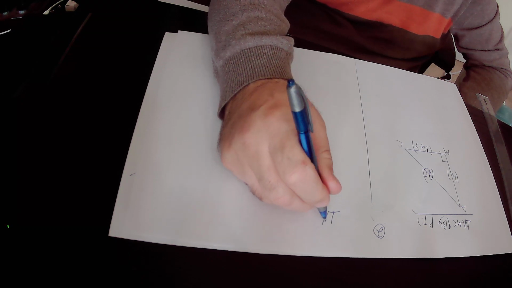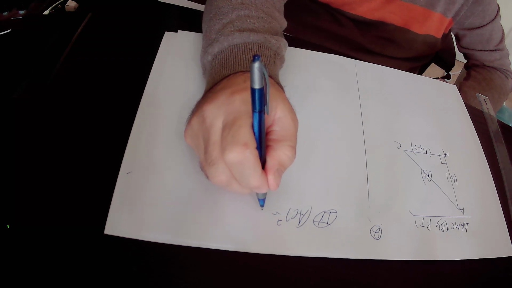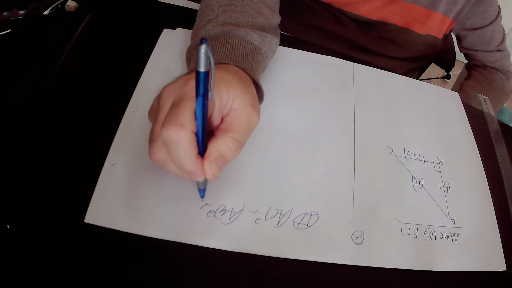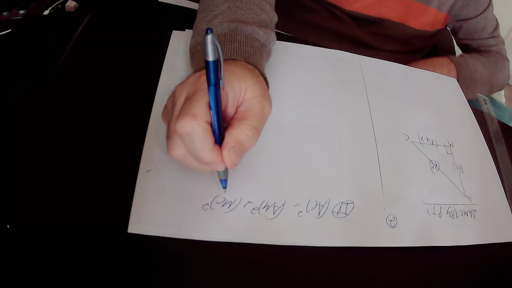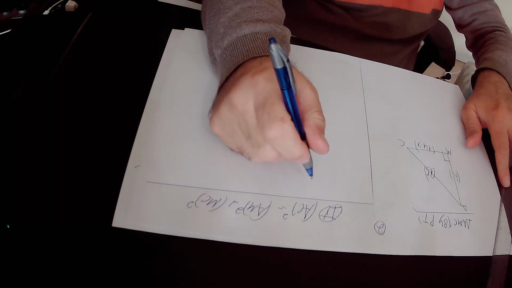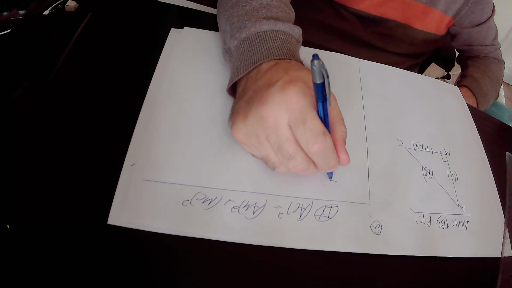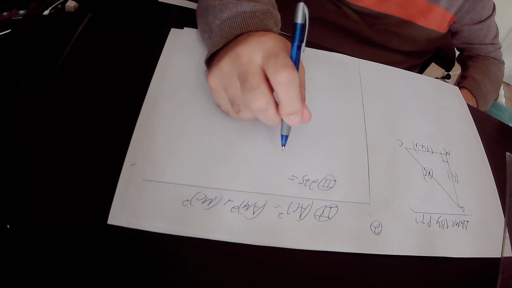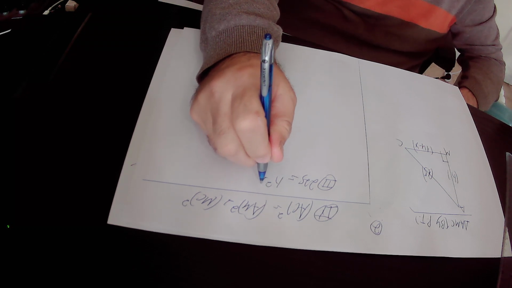AC squared equals AM squared plus MC squared. AC is 15, therefore AC squared is 15 squared, that is 225. And it is equal to AM squared. AM is h, therefore AM squared is h squared, plus MC squared.